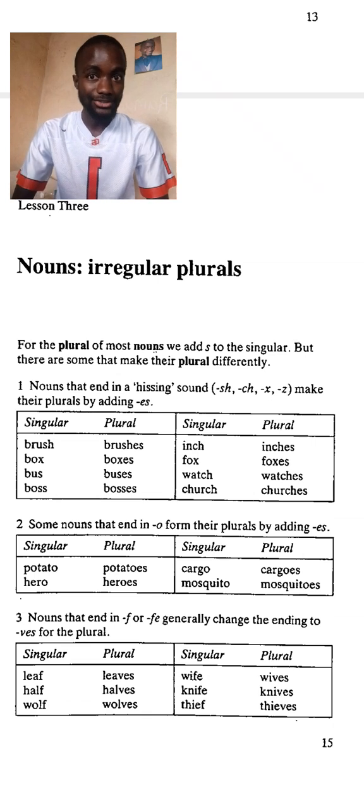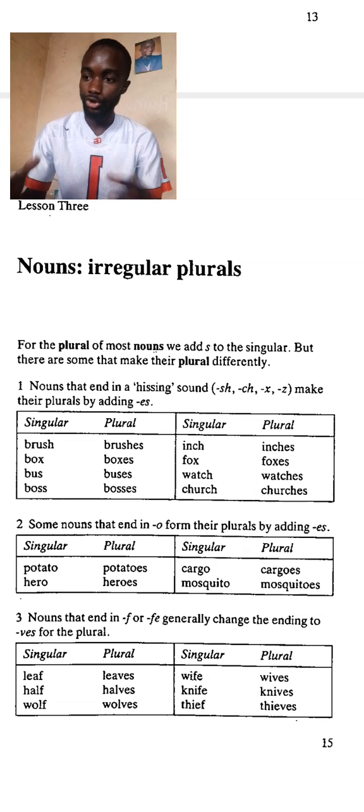Nouns are very much important, especially noun numbers. So in the English language, we are going to use nouns to understand sentences, how we structure sentences. But today's lesson is a bit deeper in nouns.